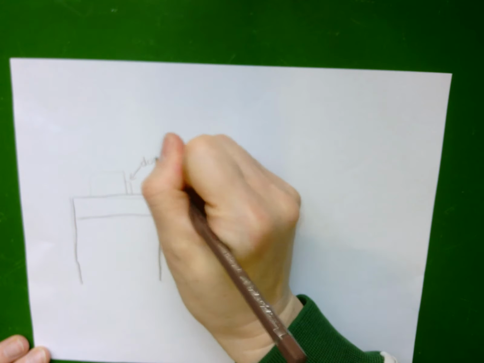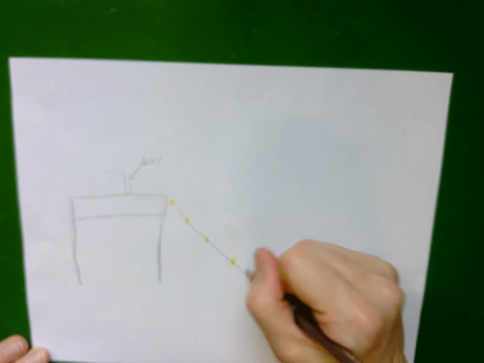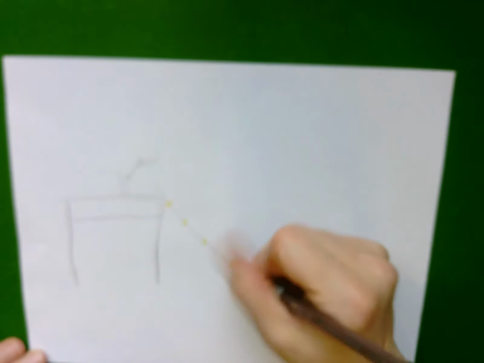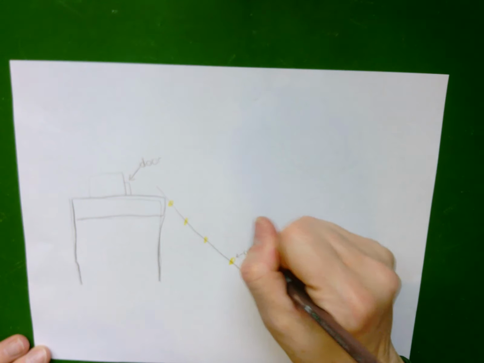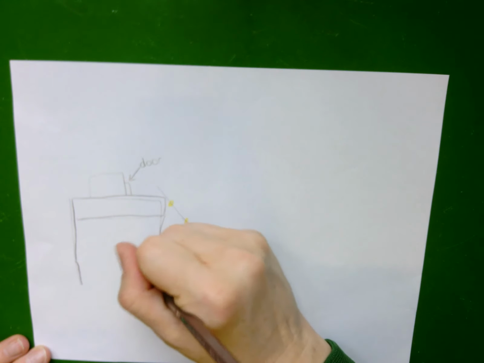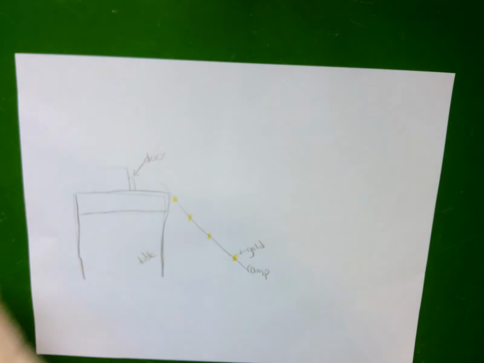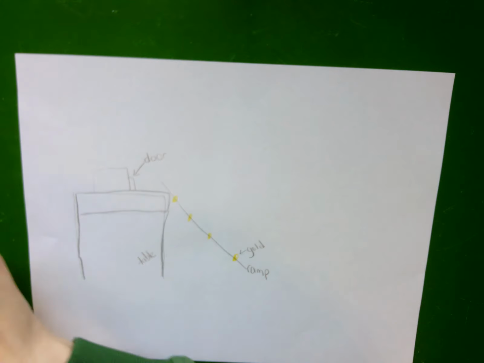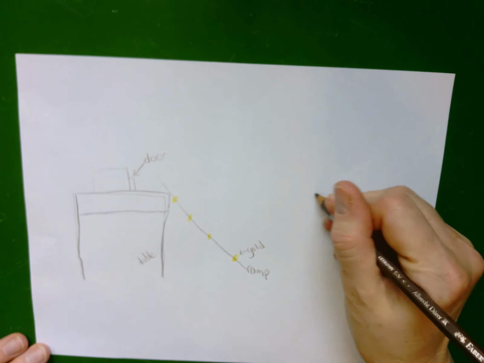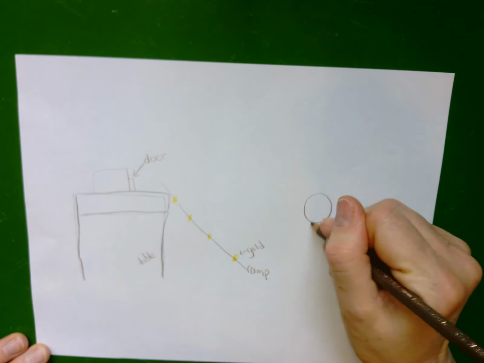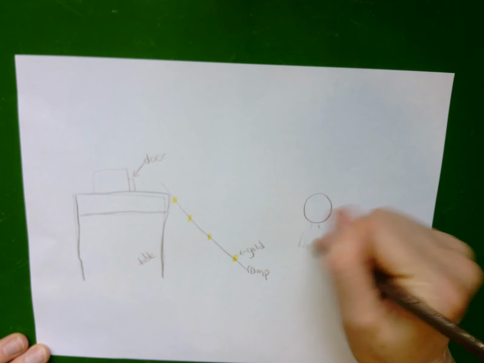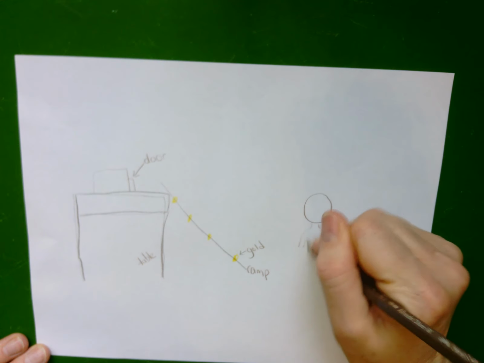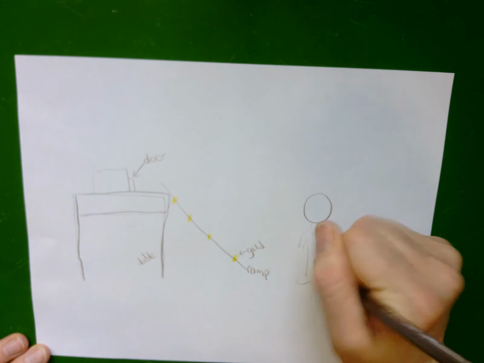And I like to label my pictures. There's the gold. And then, most importantly, I'm going to draw a picture of me. Because honestly, that's the most important person in this whole picture.